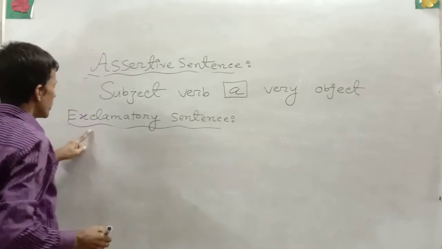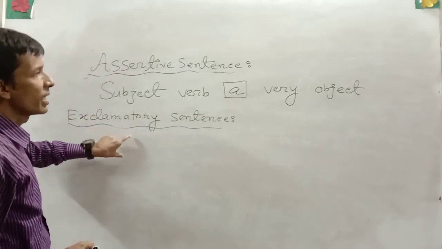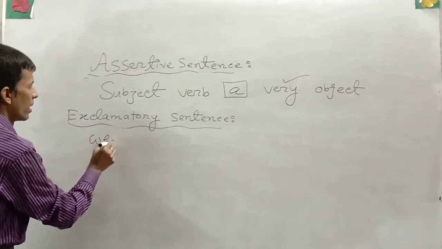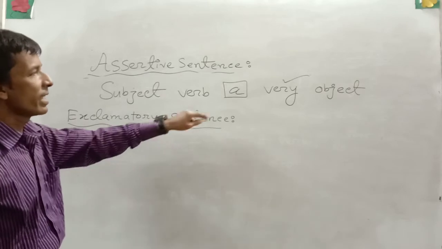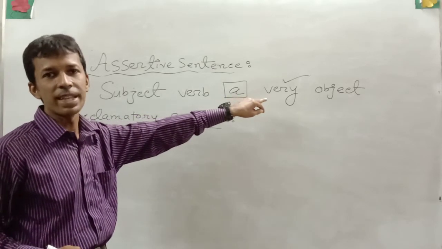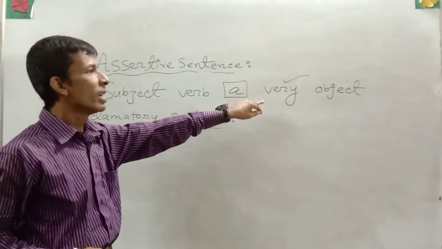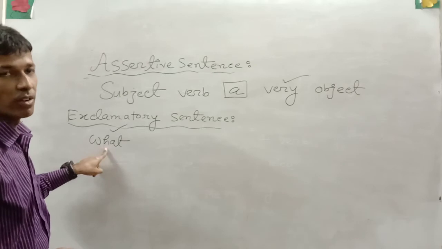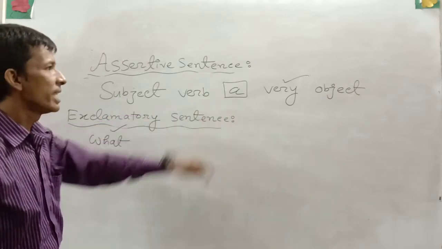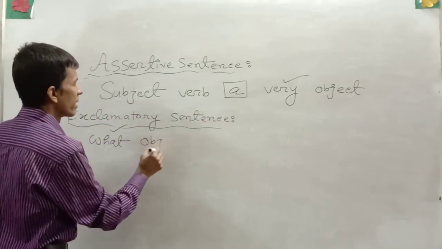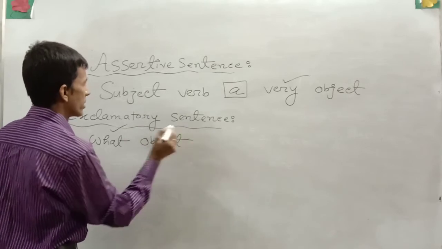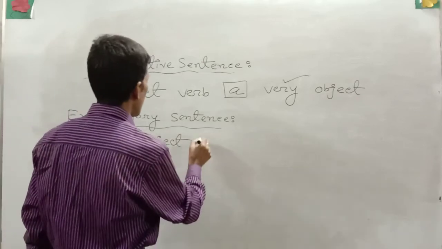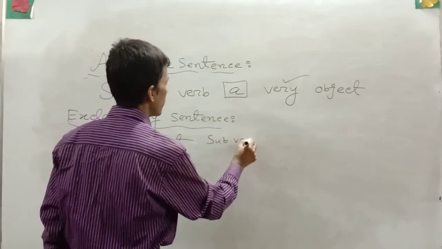Now try to watch what I am writing on this whiteboard. Very will be transferred into what? The reason is that in this sentence an article a is used before very. Hence, for this reason, very is transferred into what, only for the use of a. Then you will have to write object. After that, subject, verb.